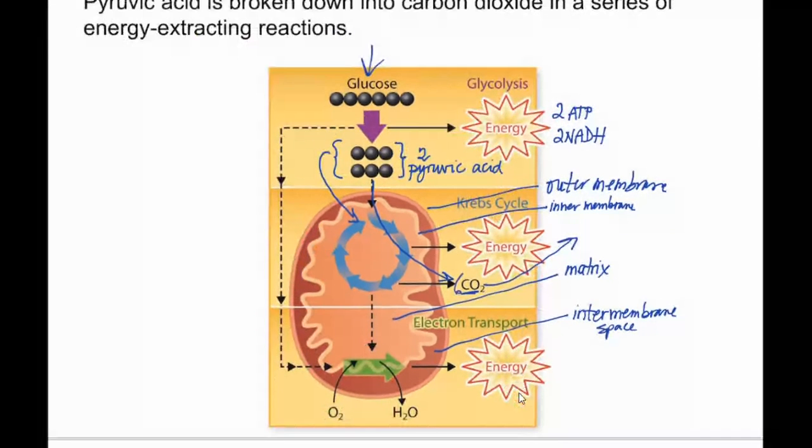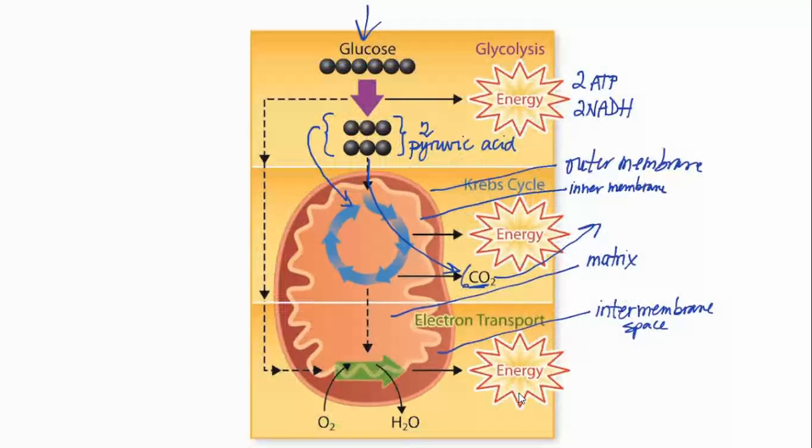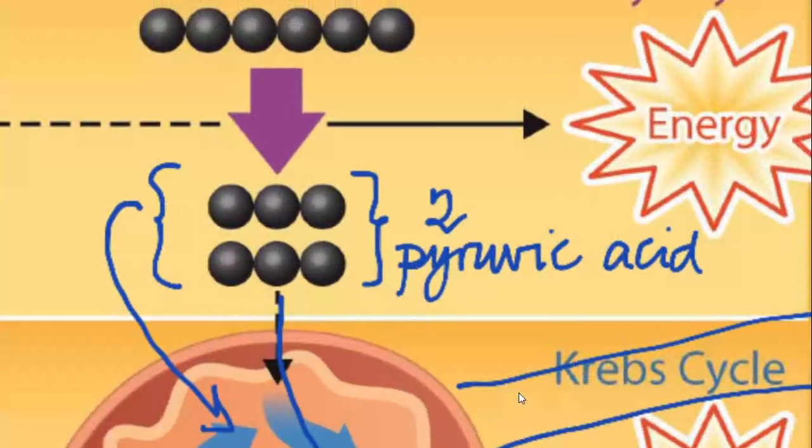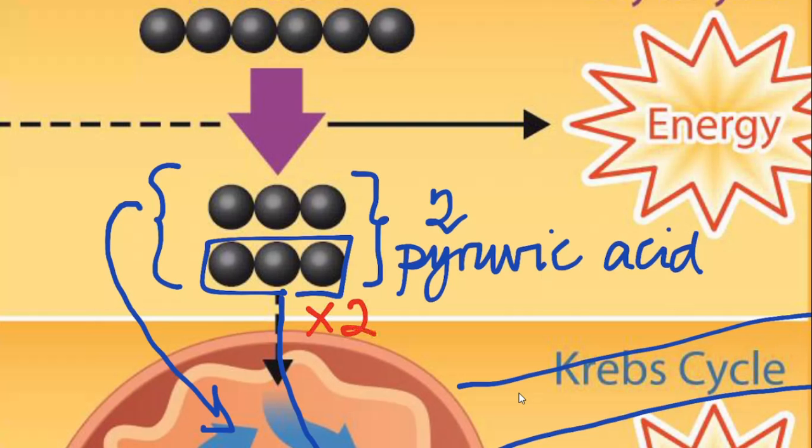Okay, so let's talk about the Krebs cycle in a little more detail. What we're going to do, instead of following both of these pyruvic acids at once, is follow just one of them. And then when we're done, we're going to multiply everything that we do by 2, since there are 2 pyruvic acids.